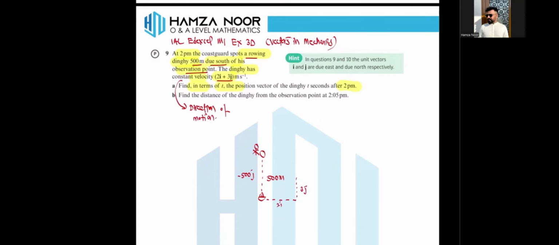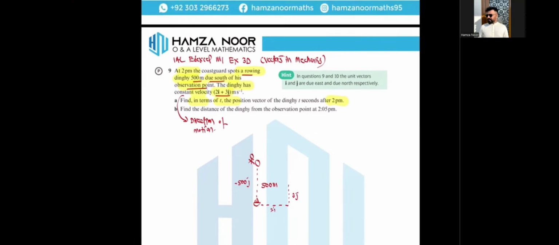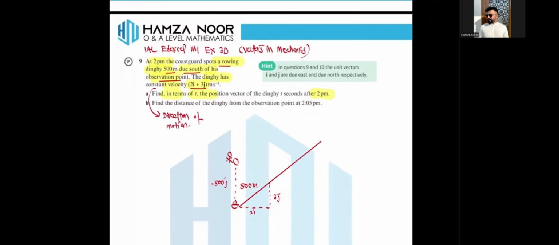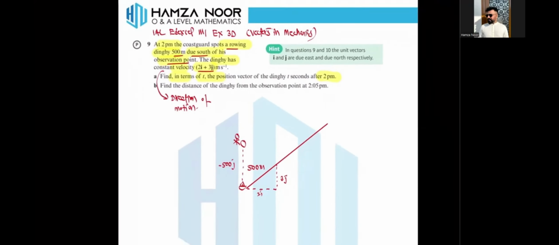So the path of motion of the dinghy goes something like this.